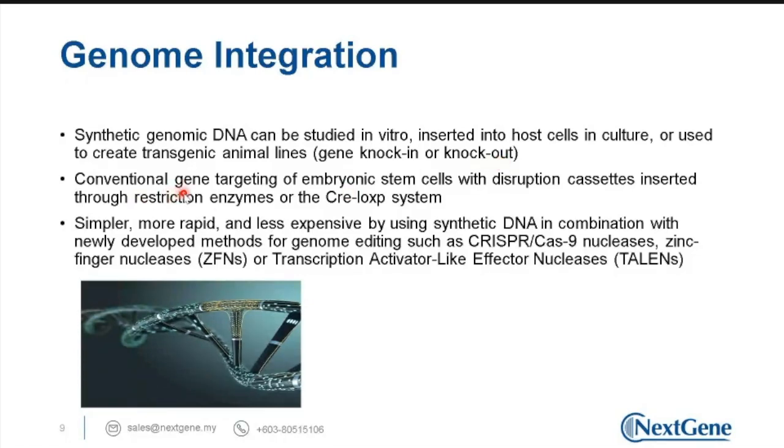Conventional gene targeting of embryonic stem cell uses a disruption cassette inserted through restriction enzyme or Cre-loxP system. It is simpler, more rapid, and less expensive by using synthetic DNA in combination with the newly developed methods for gene editing, such as CRISPR-Cas9 nuclease, zinc finger nucleases, or transcription activator-like effector nucleases.